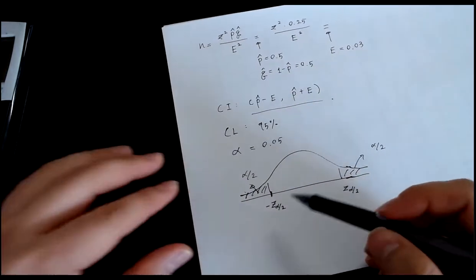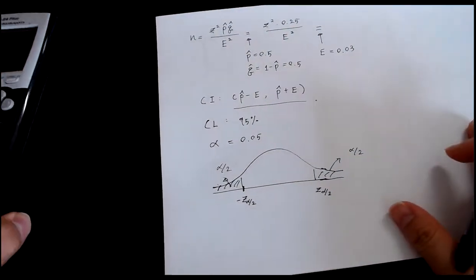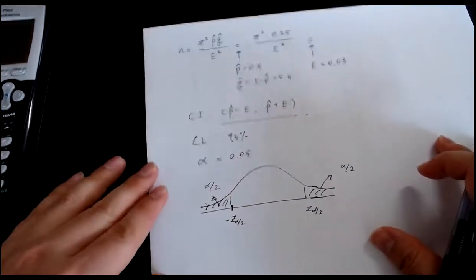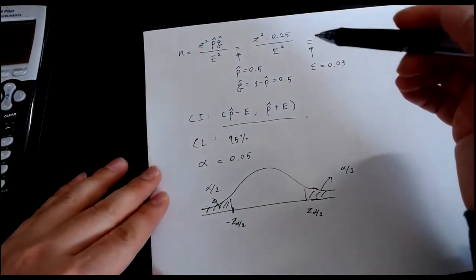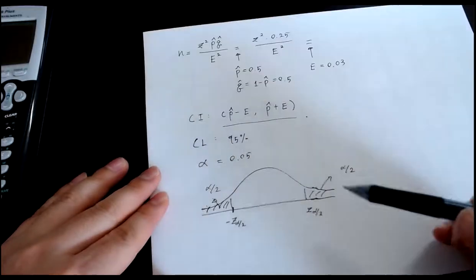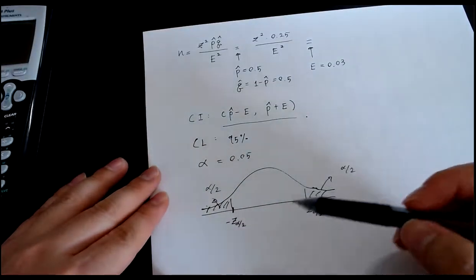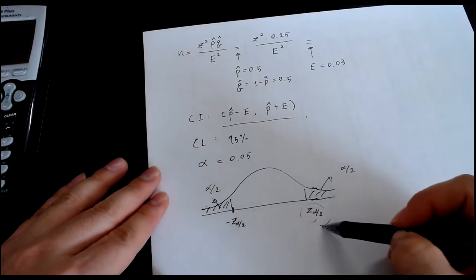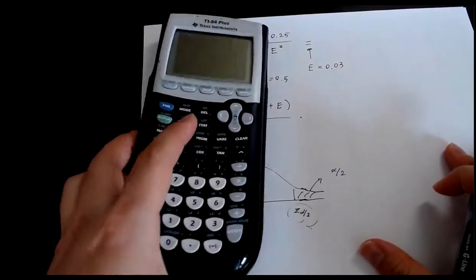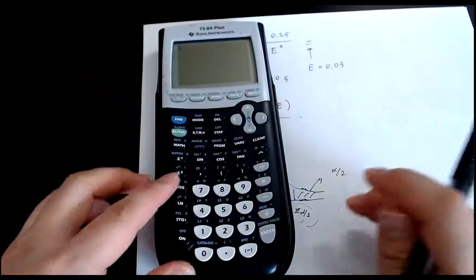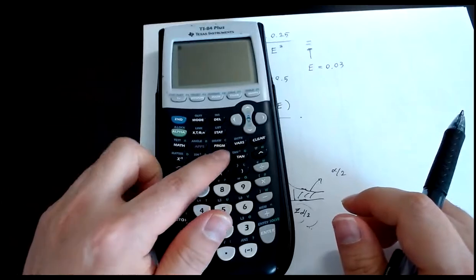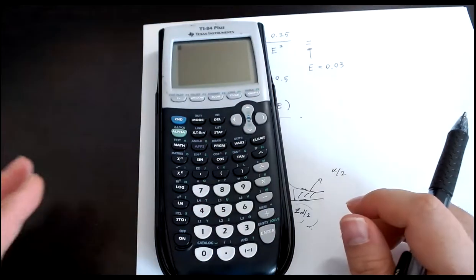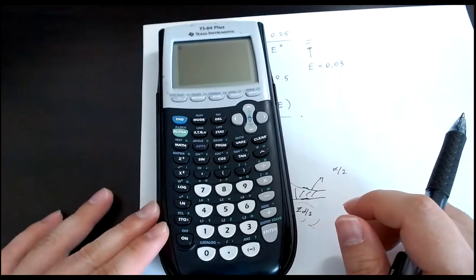So how can you find it? We're going to use inverse norm in the calculator, to find the critical z value z sub alpha over 2.